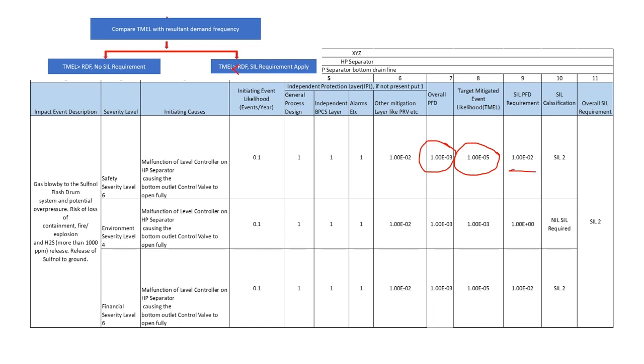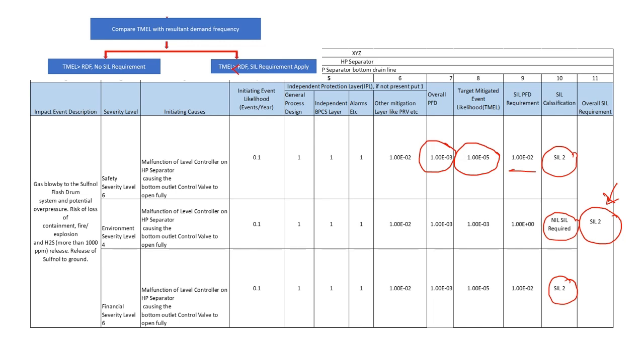So this comes out to be 1E minus 2, which means the SIL requirement is SIL 2. So this is for the safety case. Similarly, in the environment case, no SIL is required. For the financial case, SIL 2 is required. So overall SIL requirement is SIL 2. So this is what we achieve ultimately from the LOPA analysis.